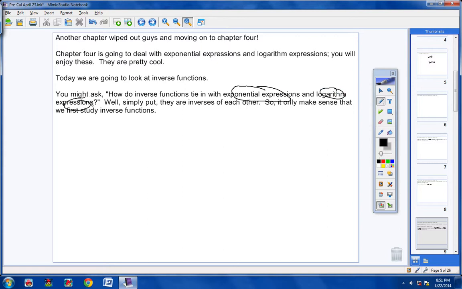Or you could say it the other way. A logarithm expression is an inverse of an exponential expression. Did I say that two different ways? I hope I did. Anyways, so they're inverses of each other. So it really only makes sense that we first study inverse functions and what they are before we get into studying exponential and logarithmic expressions.